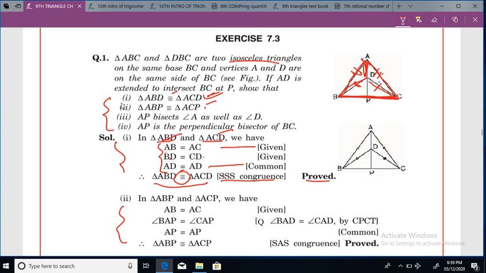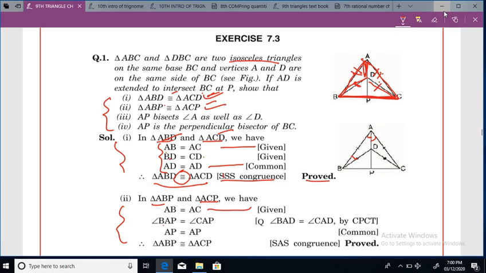Take the second one, ABP and ACP. In this, AB is equal to AC, it is also given. We already know that triangles ABD and ACD are congruent. So this angle is equal to this angle, and angle D is equal to this angle.